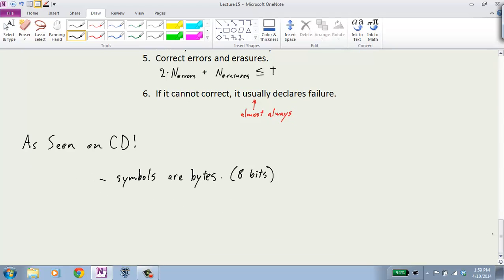And you have 2 layers, actually, of Reed-Solomon codes used. We'll talk about these 2 layers because it's actually fun to see. It's a clever reason why they do this.